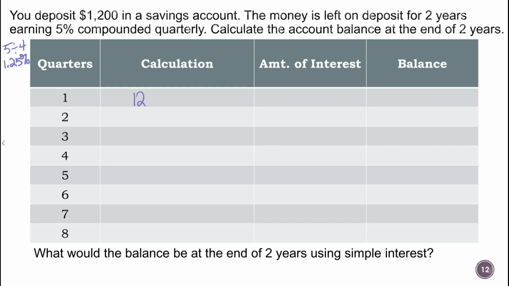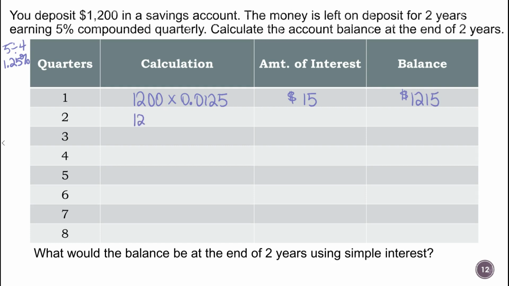We're going to take a shortcut on our calculations because we kind of combine the time and the percent, right? That's our periodic rate. As a decimal, it'll be 0.0125. And so each time we calculate interest, we add it back on to our principal.